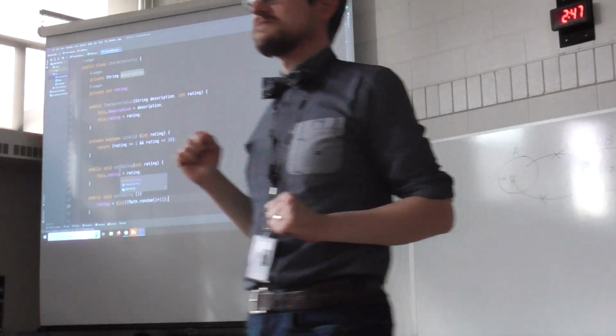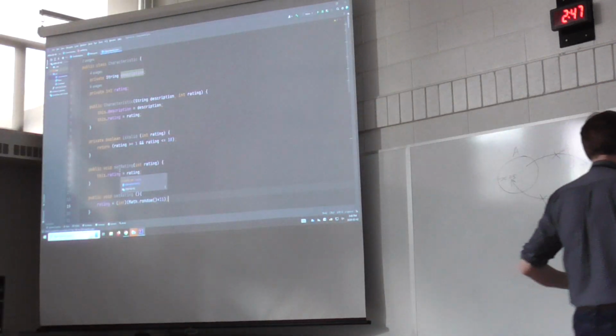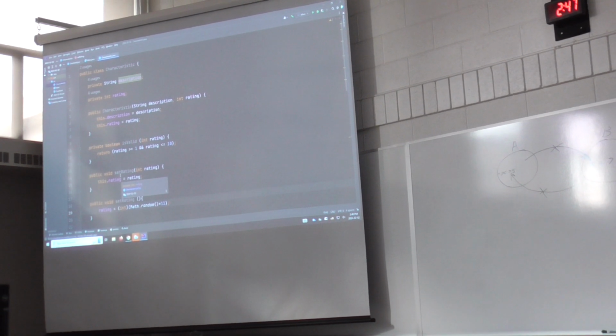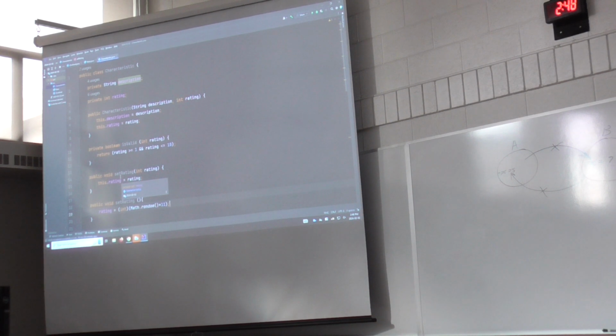Question? Could you explain the reason for the random function? Math.random generates in a range between 0 and 1 exclusive as a double, right? So I'm multiplying it by 11.